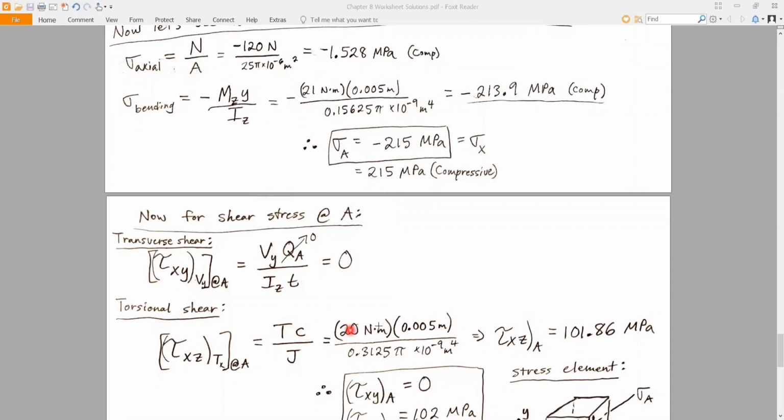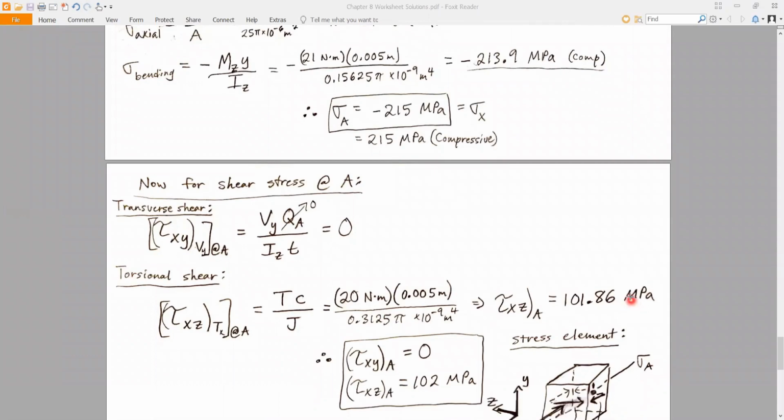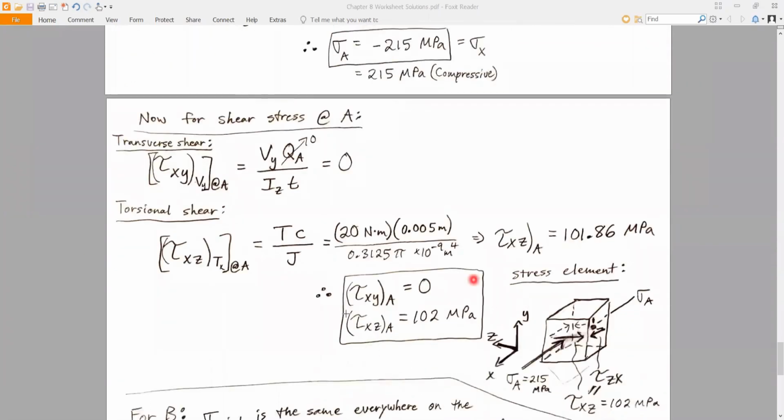Rho is equal to C. Plug in your T, plug in your J. Again, C is our outer radius, so 0.005 meters. You get tau xz is equal to 101.86 megapascals. All right, so I wrote in both of the two shear stresses we were looking at. Again, tau xy was 0, tau xz is 102, as we'll round it.